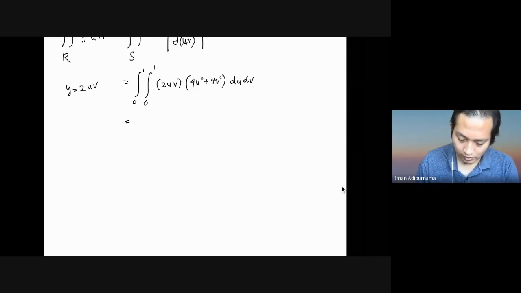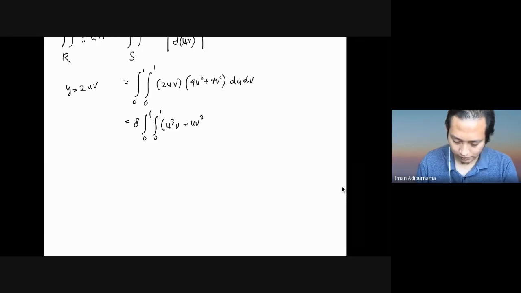I will take out 8 outside here, and I will get inside will be. Okay, and integrate u first, so it will be 4.